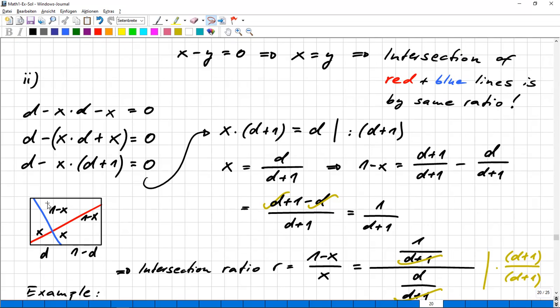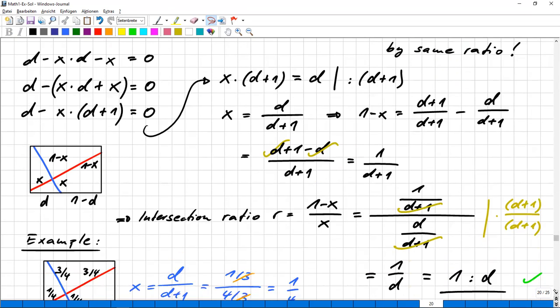And so this intersection ratio, this time, is the longer divided by the shorter portion. I could also have used the inverse fraction. Anyway, then it's 1 by D plus 1 divided by D by D plus 1. So this is a double fraction where I can expand, and so I can cross this out, and then it stays 1 in the numerator and D in the denominator.